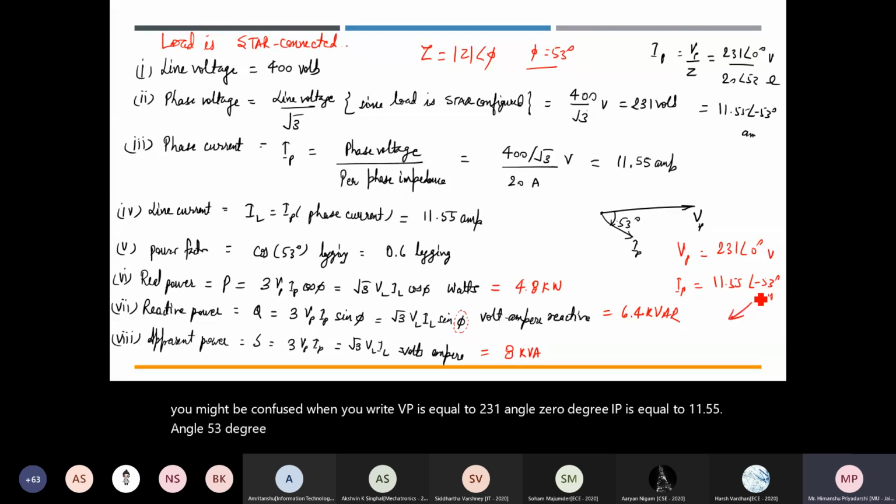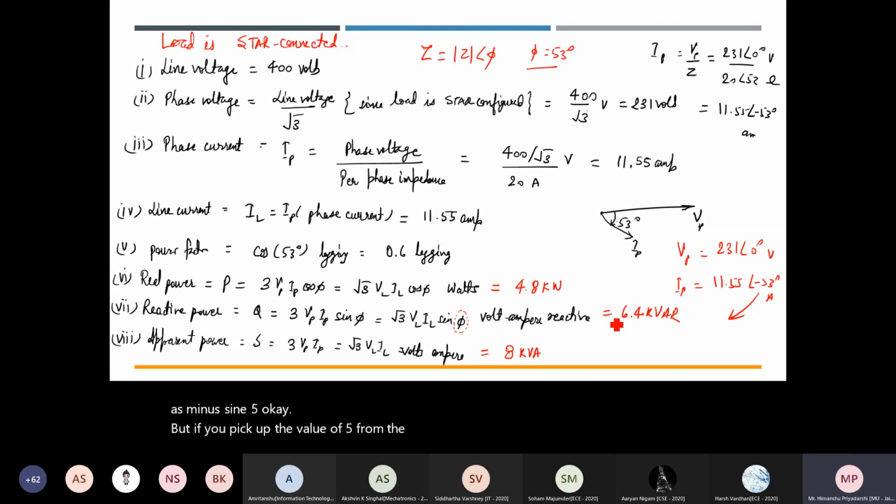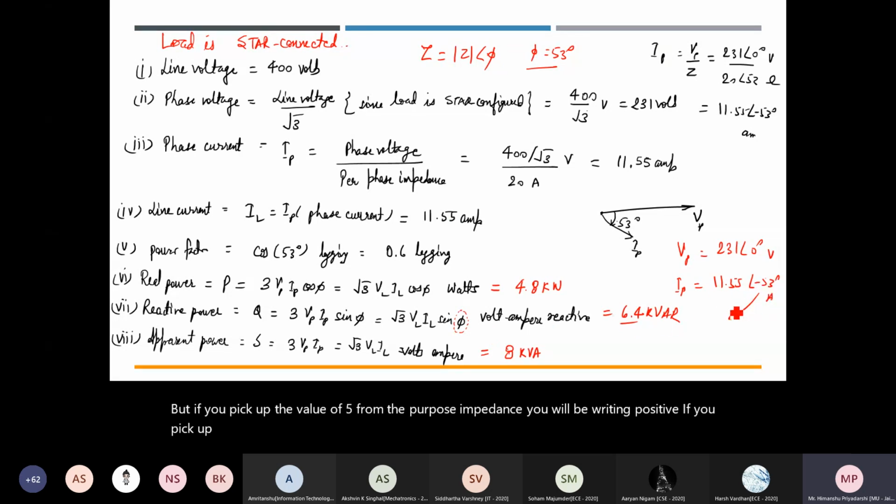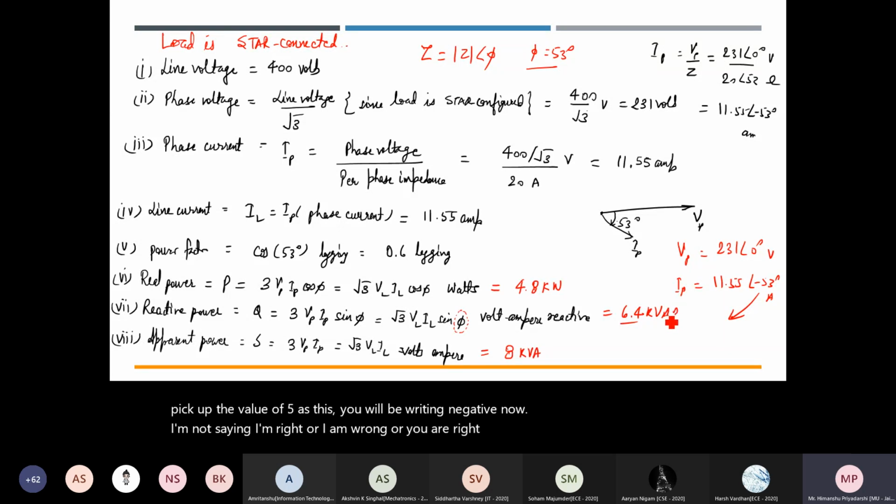When you pick up this as the value of phi, you will be tempted to write sine phi as minus sine phi. But if you pick up the value of phi from the per phase impedance, you will be writing positive. If you pick up the value of phi as this, you will be writing negative. Now, I am not saying I am right or I am wrong or you are right or you are wrong. It depends upon the convention.